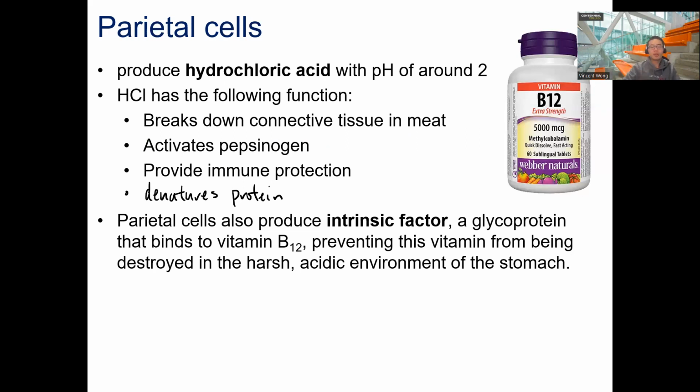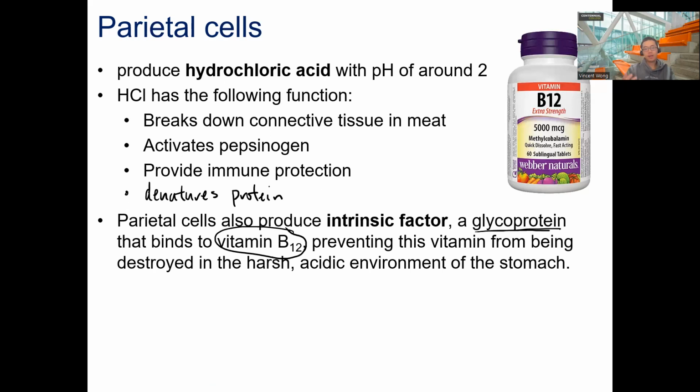Now there is one extra thing that the parietal cells secrete. It is called intrinsic factor. Intrinsic factor is a sugary protein, a glycoprotein that binds to vitamin B12, and we need B12 in order to make healthy red cells.